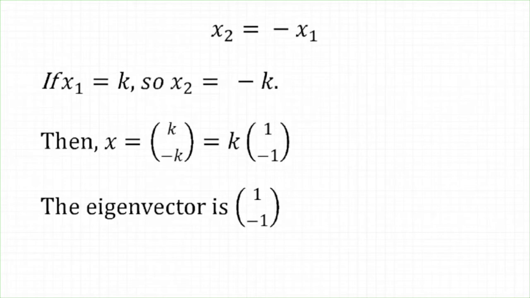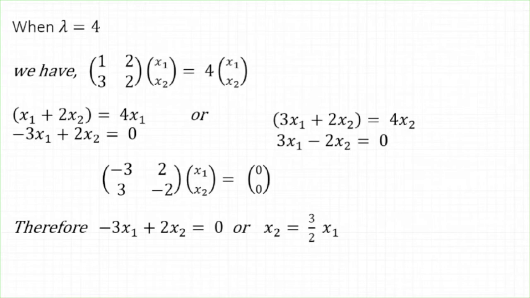Now we will move to λ = 4. We have [1, 2; 3, 2] times (x1, x2) equal to 4 times (x1, x2). Same as before, we should get −3x1 + 2x2 = 0, or 3x1 − 2x2 = 0. Since 3x1 − 2x2 = 0, x2 is equal to 3/2 x1.